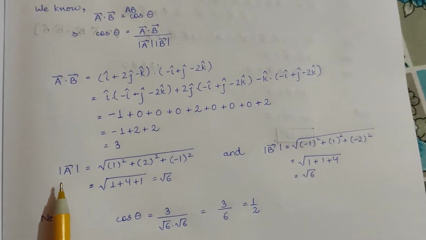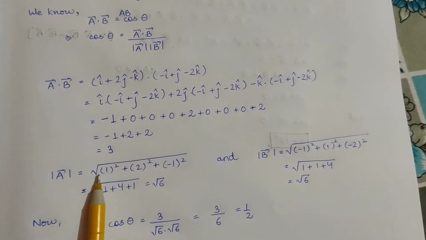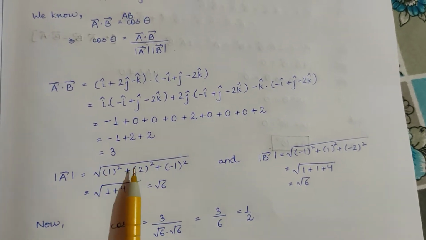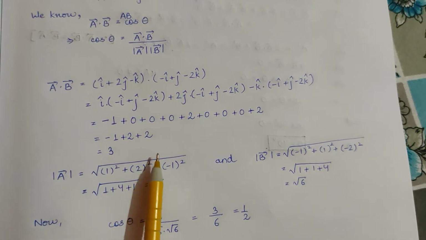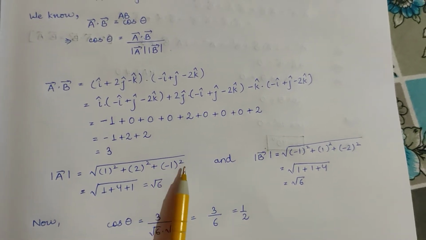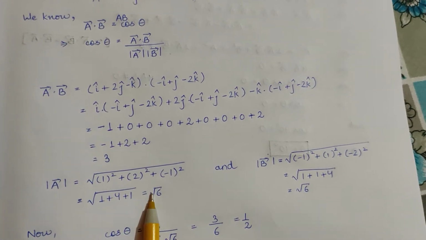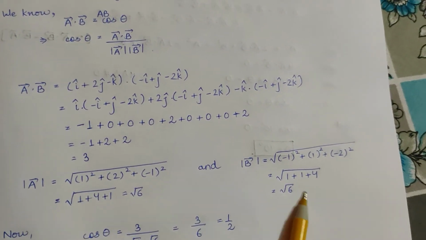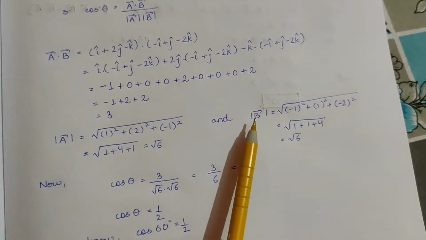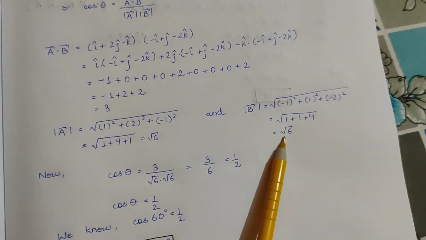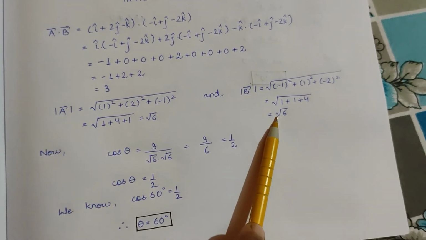So the magnitude of vector A is under root of 1 square plus 2 square plus minus 1 whole square. When we solve it, we get under root 6, and in a similar manner the magnitude of B is also under root 6.